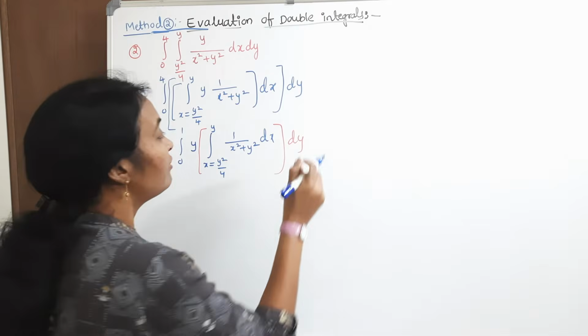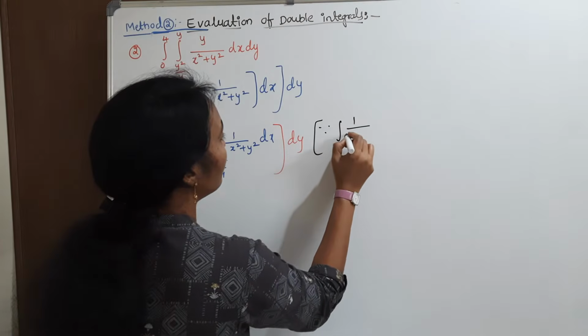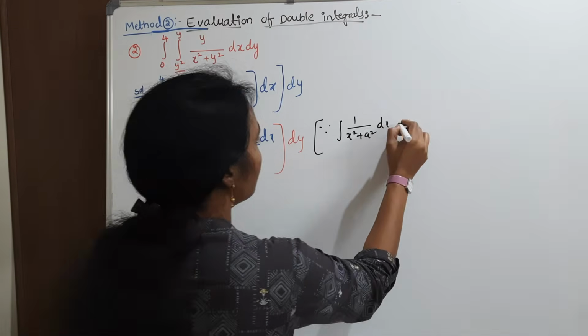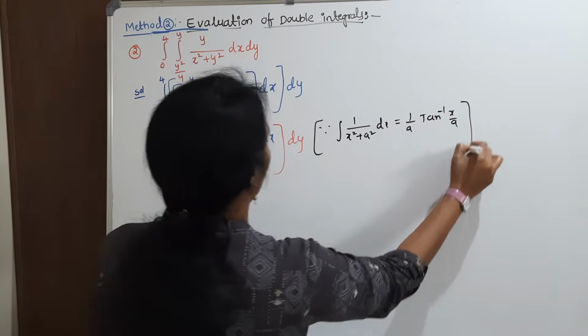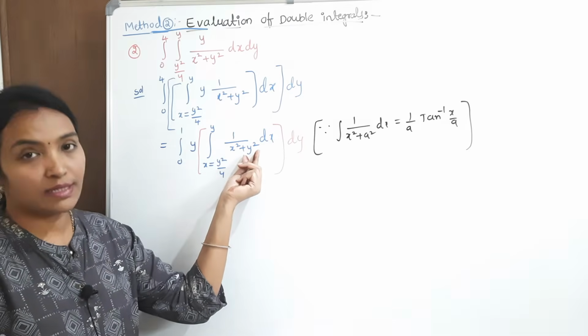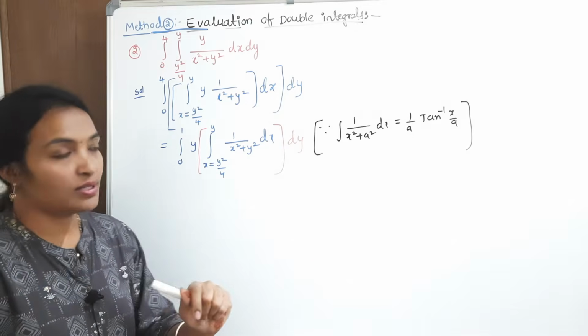From our intermediate principles, you already know this form, 1 by 1 plus x square. From our integral formulas, the integral of 1 by x square plus a square dx is nothing but 1 by a tan inverse x by a. Here a square is a constant. Our constant is y, because I am integrating with respect to dx.